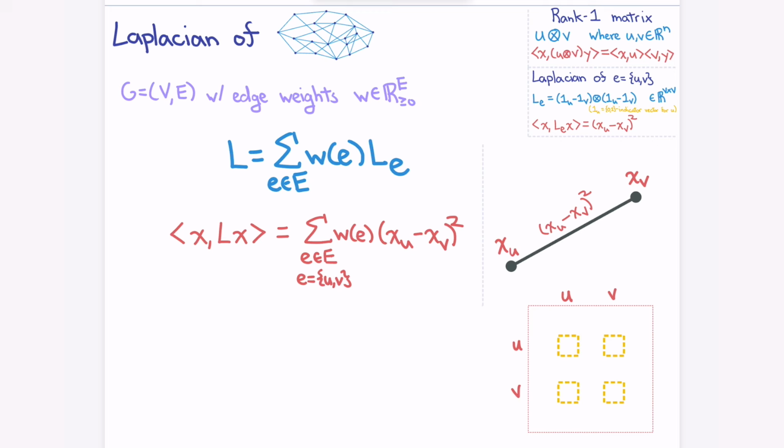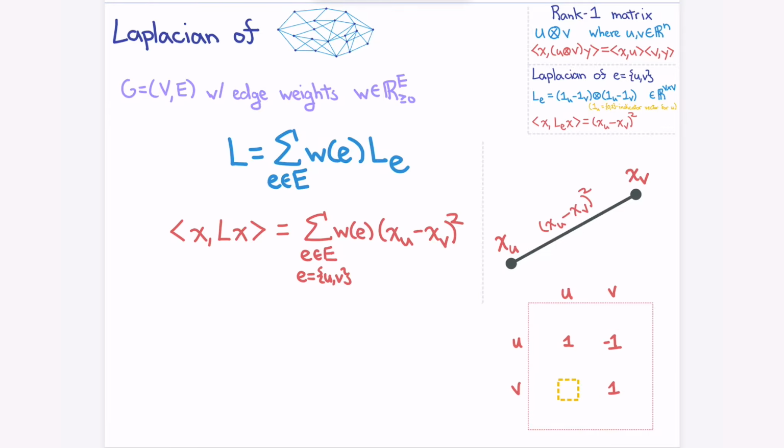Any other guess? Is it all ones? Not quite either. It's going to be ones on the diagonal and negative ones off the diagonal. If you work through it, at least it's easy to verify in hindsight. It's harder to guess, but easier to verify.